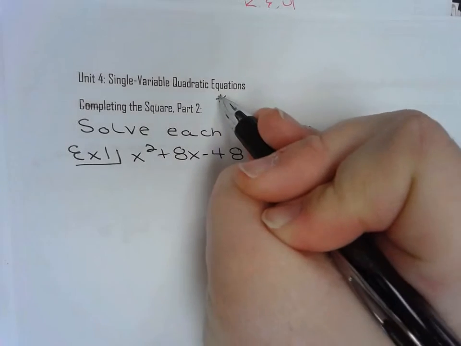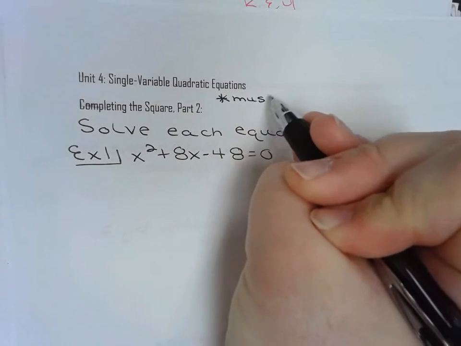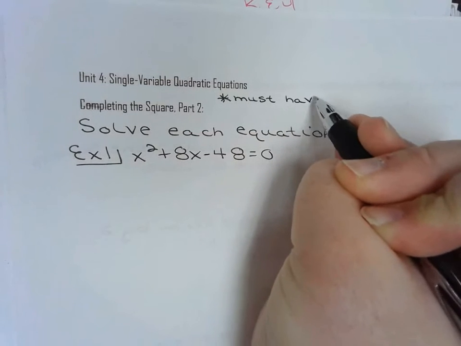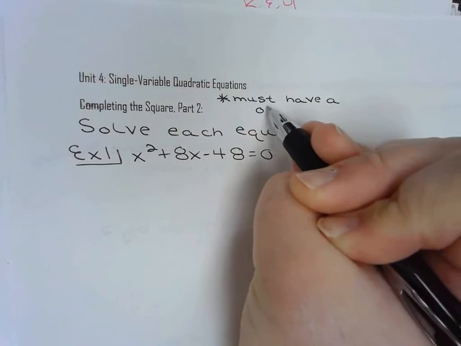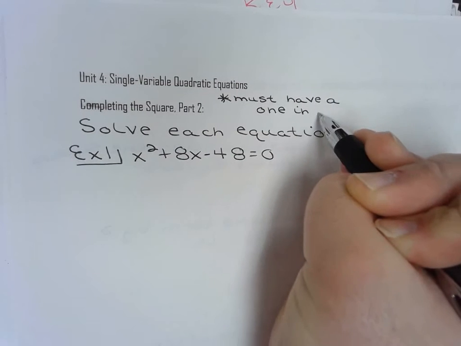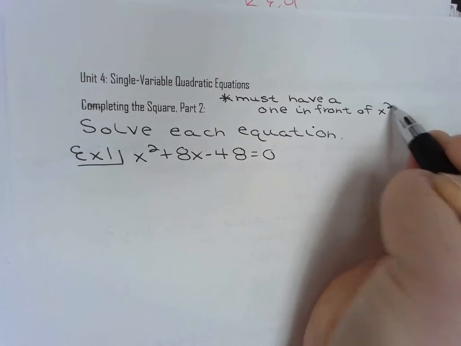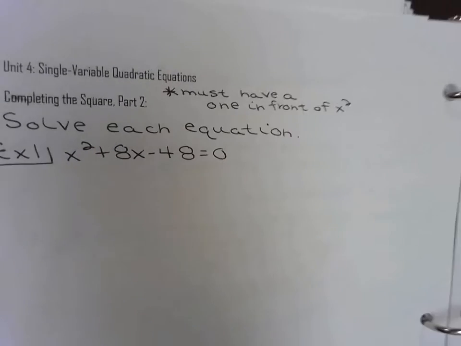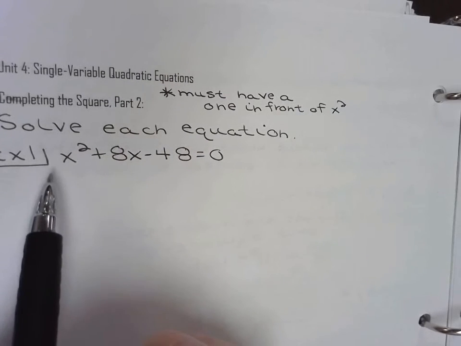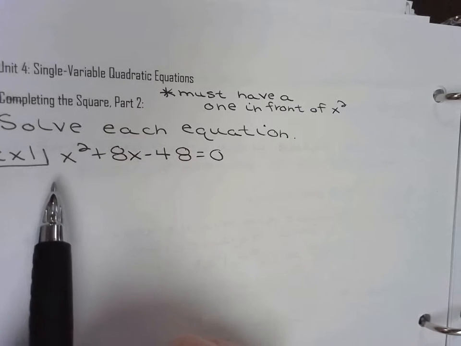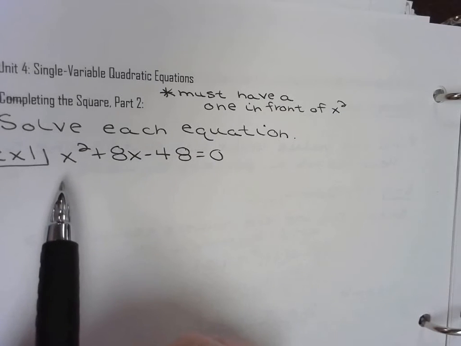I'll put an asterisk up here: must have 1 in front of x squared. One thing you have to have in order to complete the square is a 1 in front of your x squared part, or m squared or y squared or whatever. So that's one thing you have to do for completing the square.